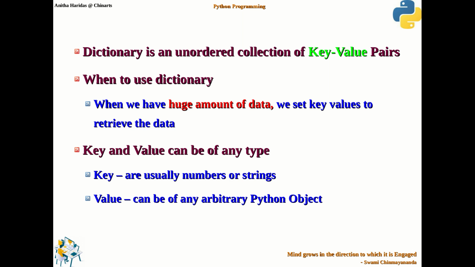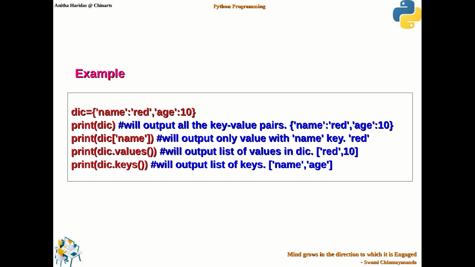Now the question is, when do we need to use a dictionary. Whenever we have a huge amount of data, we set key values to each and every data so that we can retrieve the data using the key. Say for example, if you have a list of 500 different values, and you want to access any of these values, you need a key to indicate what data you want to retrieve.